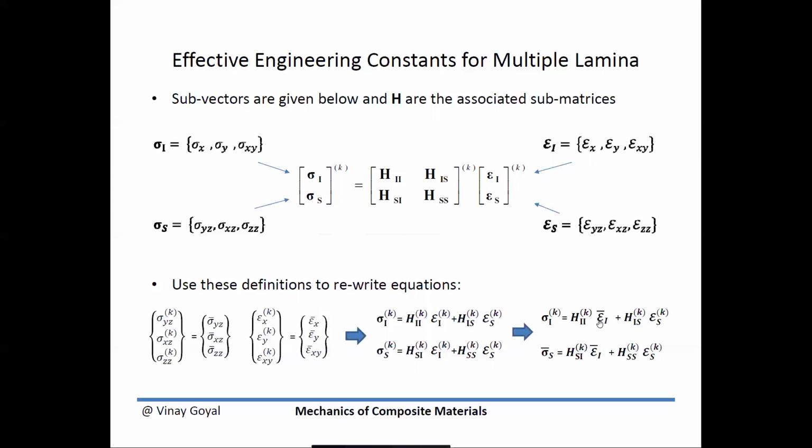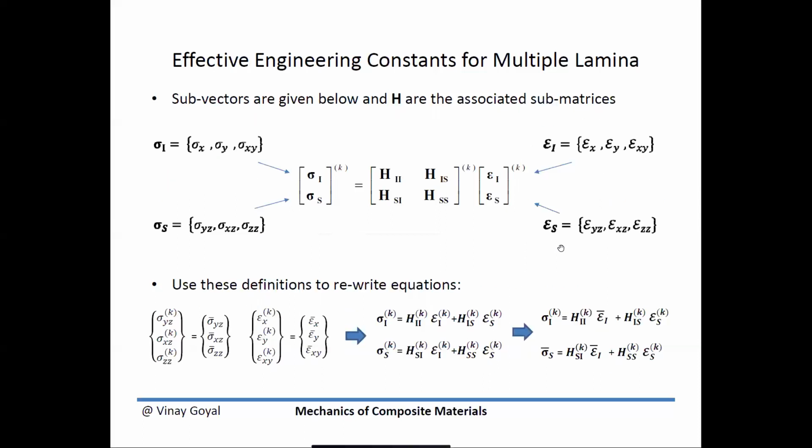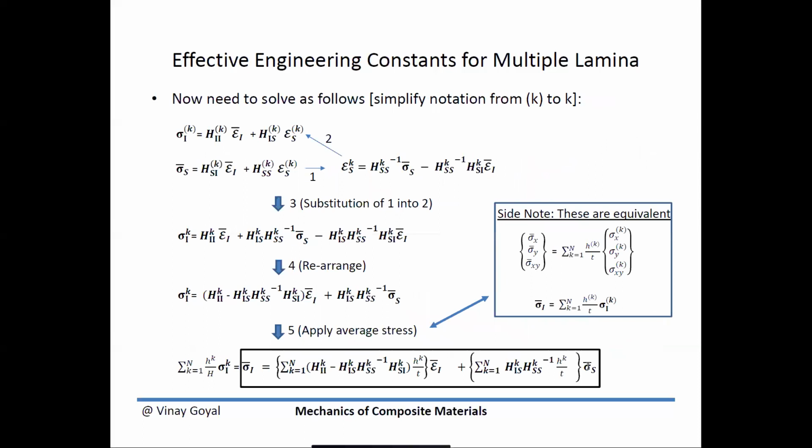And what I want to do now is somehow remove these k's, the ones on sigma and epsilon. I want to make them over bar somehow. And if I'm able to do that, I can then get closer to this here. So now that I have these 2 equations, I'm going to start working through them.